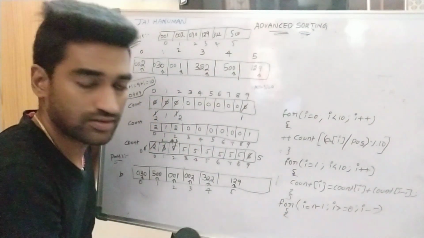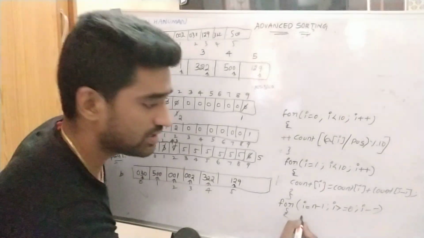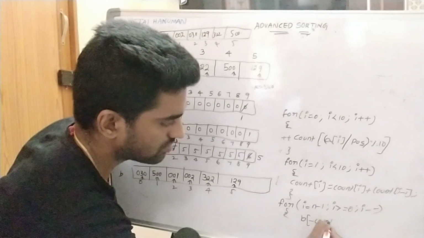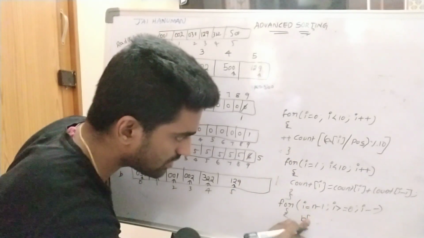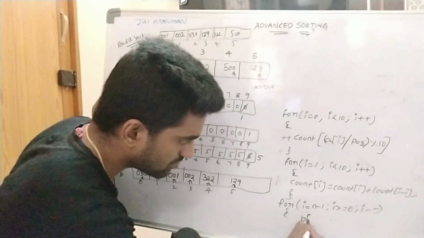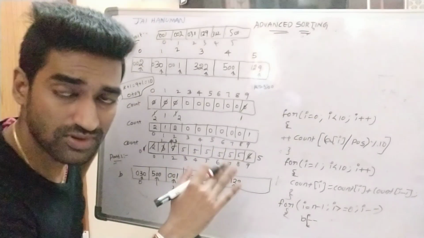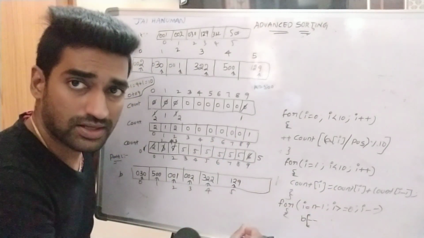So here, how to generate this array? B of minus count. Same loop is written in count sort, but here we are considering the position.